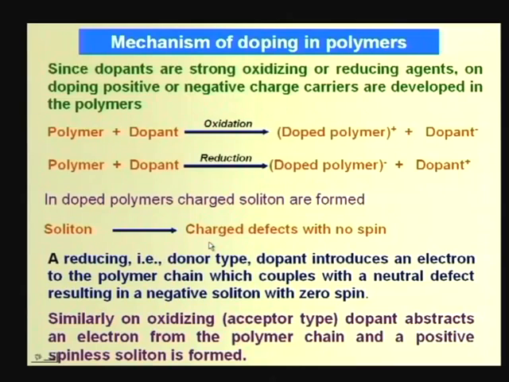These are charge defects with no spin. Reducing, that is donor type dopant, introduces an electron to the polymer chain which couples with a neutral defect, resulting in a negative soliton with zero spin. Similarly, on oxidizing, that means an acceptor type dopant abstracts an electron from the polymer chain and a positive spinless soliton is formed.